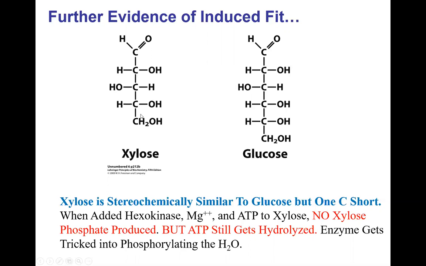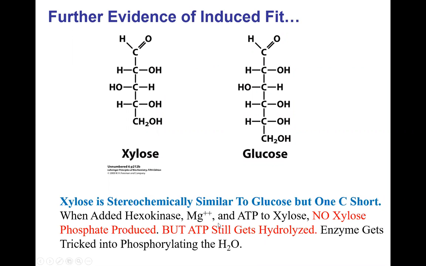ATP did bind. But because xylose is one carbon short, the ATP gamma phosphate could not be transferred to the 6th carbon, which is non-existent in xylose. Instead, the reaction started, catalysis started, and when the gamma phosphate bond was cleaved, the phosphate got transferred to the water molecule, H2O, instead of the CH2OH of glucose. How did they notice that?